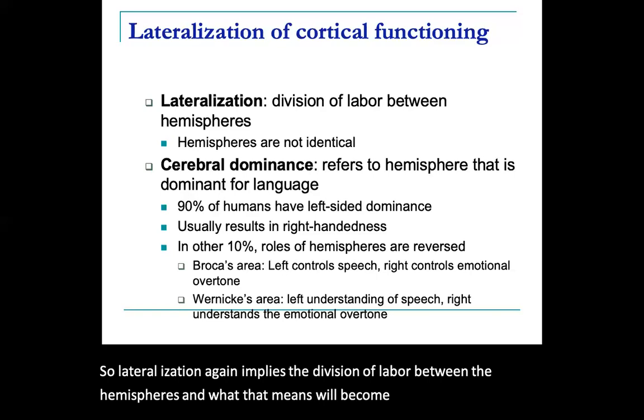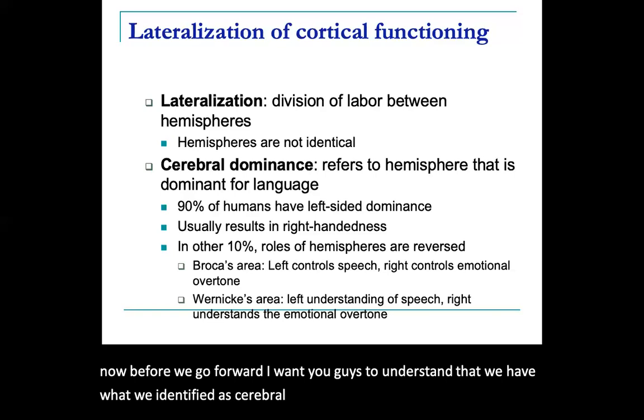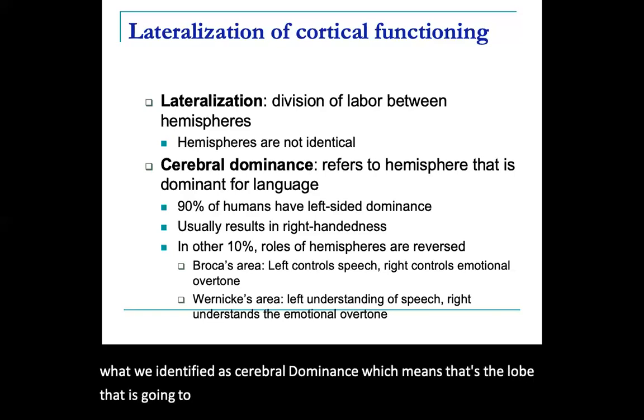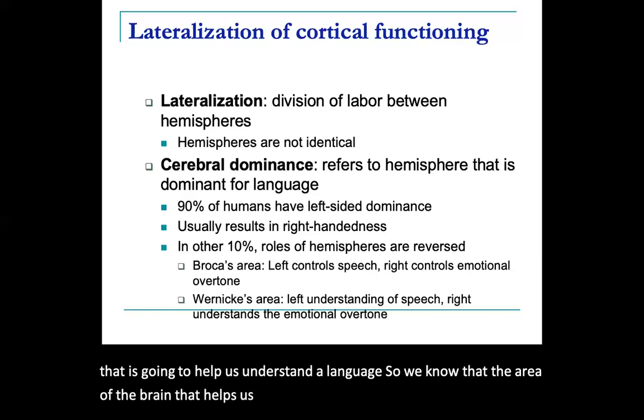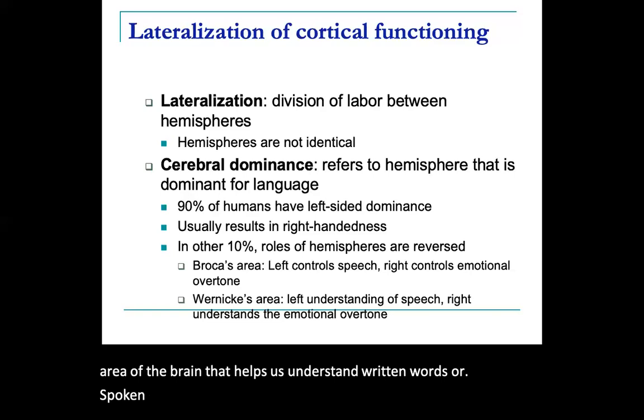Now, before we go forward, I want you guys to understand that we have what we identified as cerebral dominance, which means that's the lobe that is going to help us understand language. So we know that the area of the brain that helps us understand written words or spoken words is your Wernicke's area, which is located as part of the posterior association lobe.